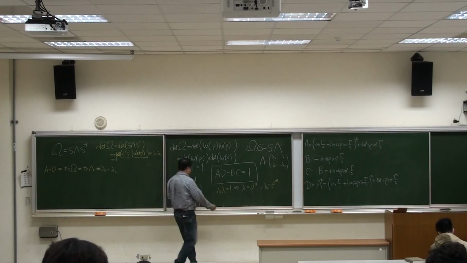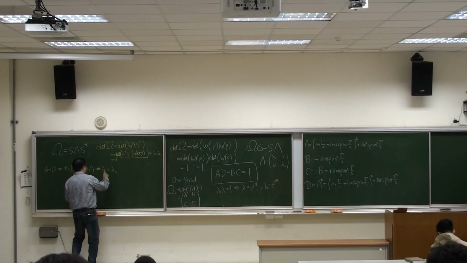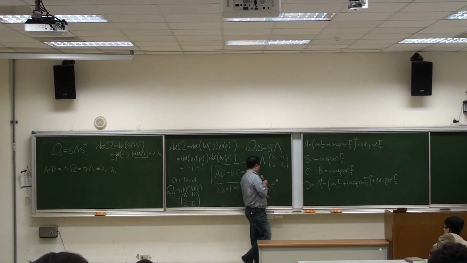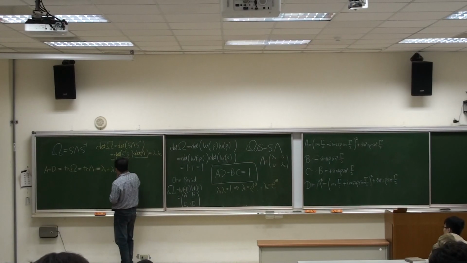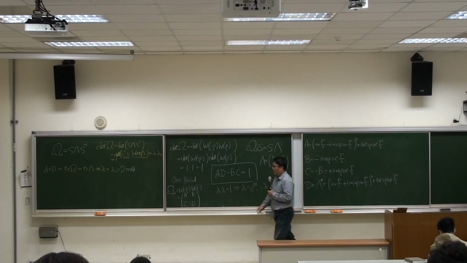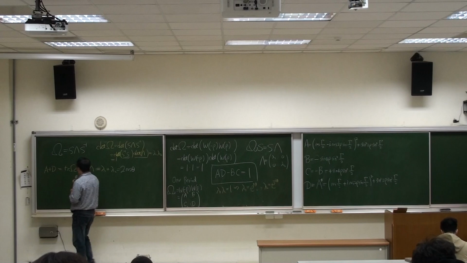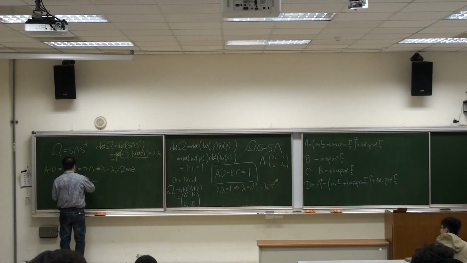So this means that since now we denote lambda 1 as exponential i theta and lambda 2 as exponential minus i theta, this becomes 2 cosine theta according to Euler's relation. So this means that we define cosine theta as 1/2 of A plus D.